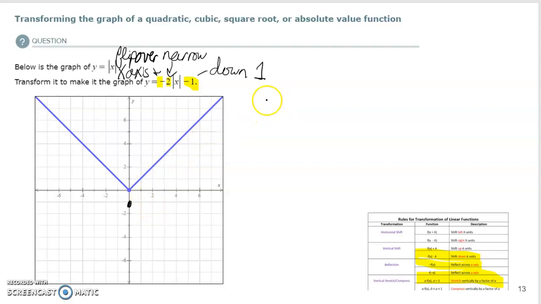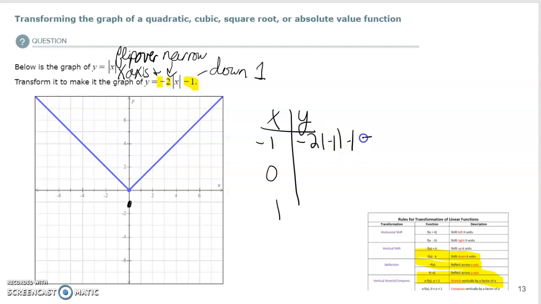If I really wanted to make sure that I'm getting the right points, I can just put in a few. So -1, 0, 1. That would get us a -3. So I have the point -1, -3. 0 would be -2 times 0 minus 1, which is what we already had.